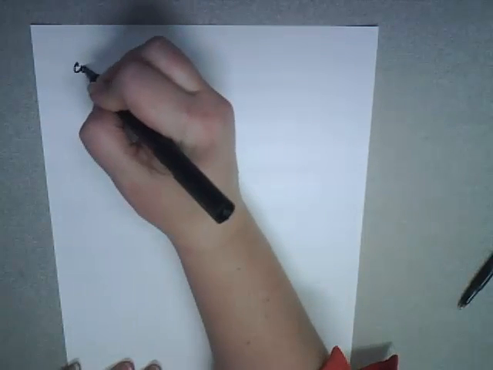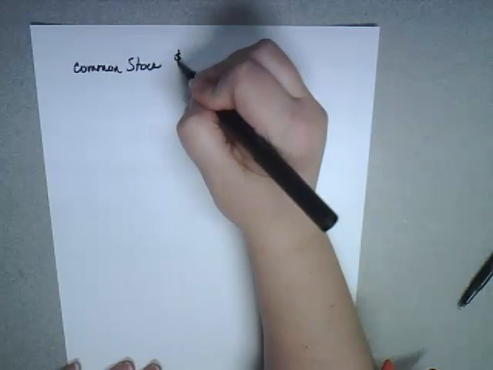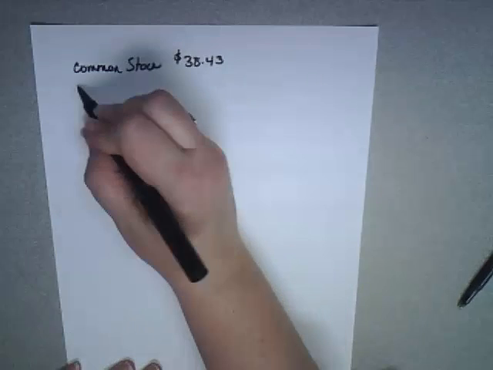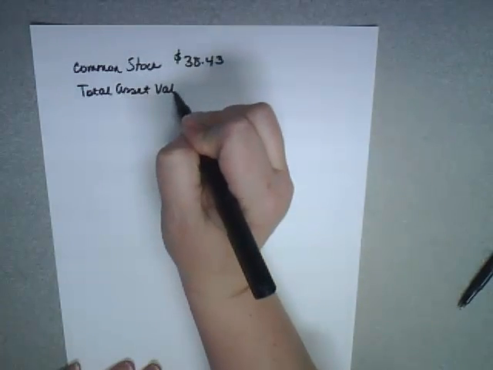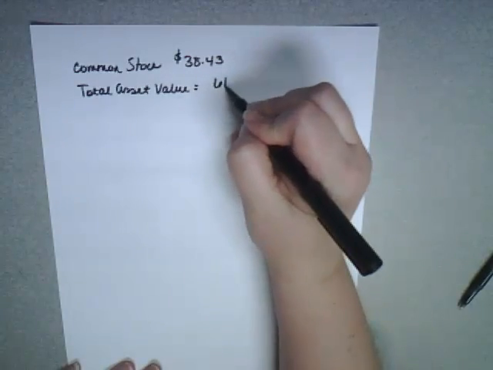So number 8, what do they give us? They give us the price of common stock at $38.43. They gave us our total asset value of 61 million.